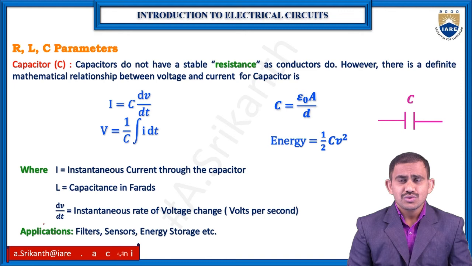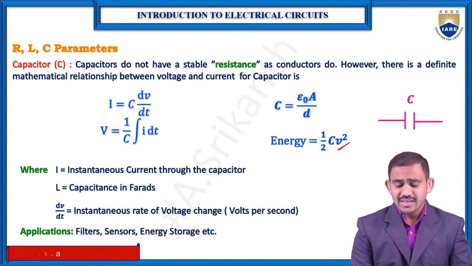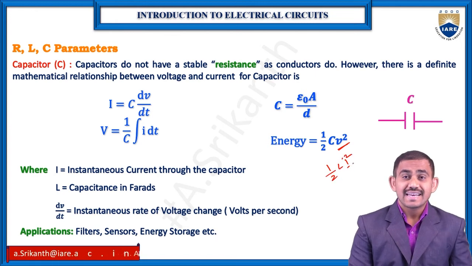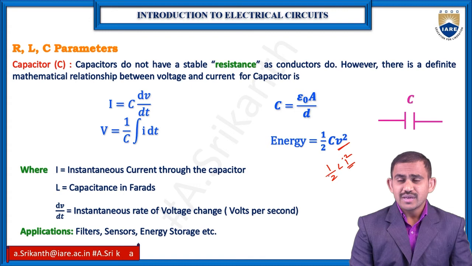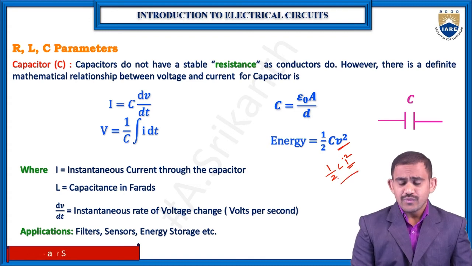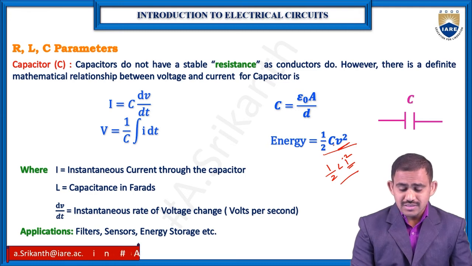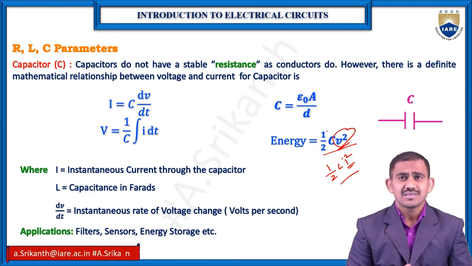I said the capacitor stores energy in the form of voltage, and the inductor stores energy in the form of current. So 1 by 2 L i square for inductance, 1 by 2 C V square for capacitance.